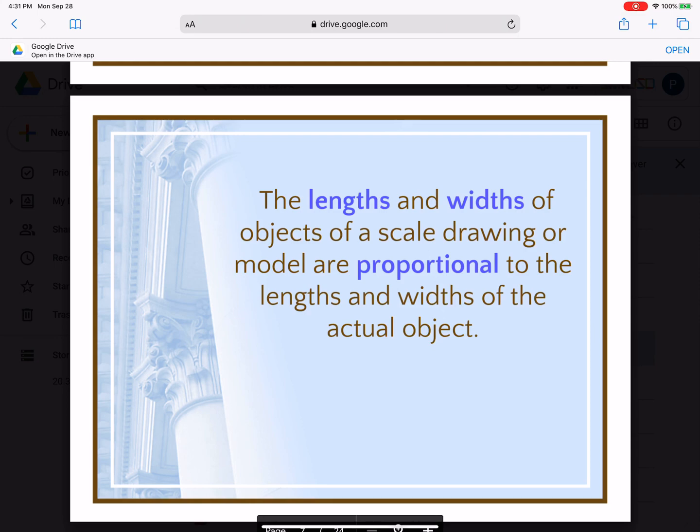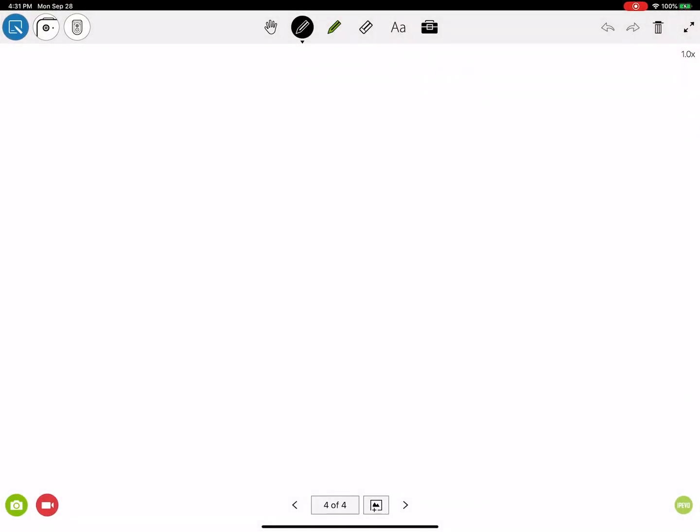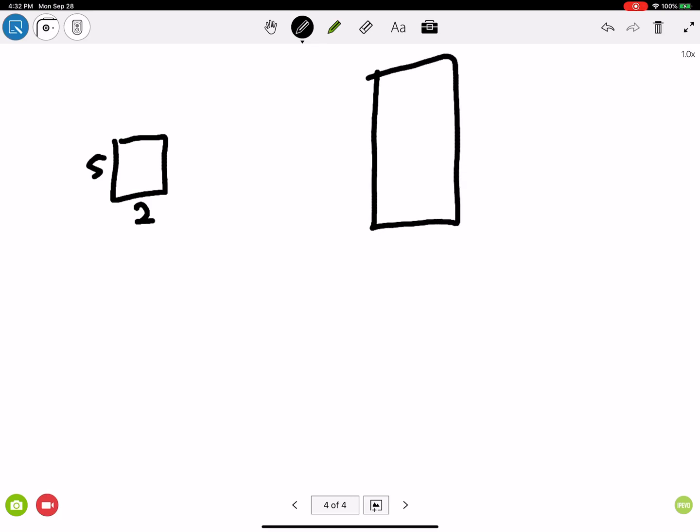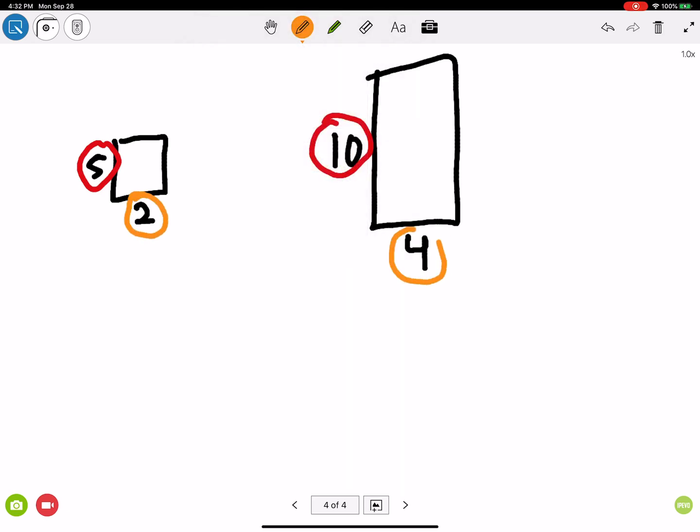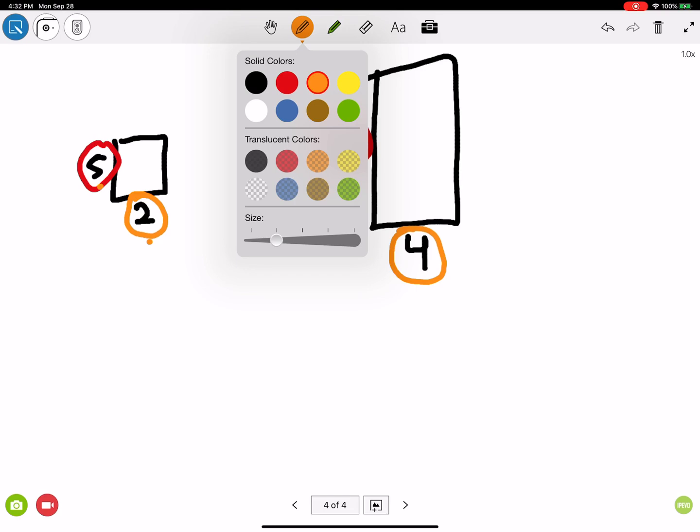This is basically telling me that if I have a 5x2 box, my lengths are proportional and my widths are proportional by the same ratio. Okay? If I compare these, I have to double 5 to get 10. I have to double 2 to get 4. Okay?